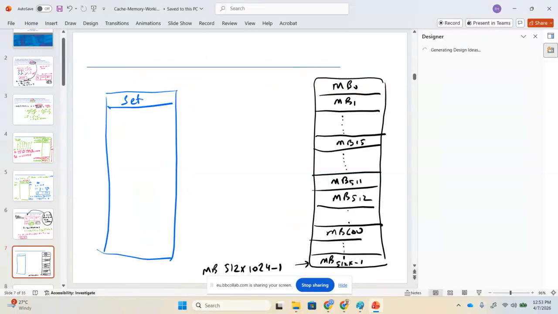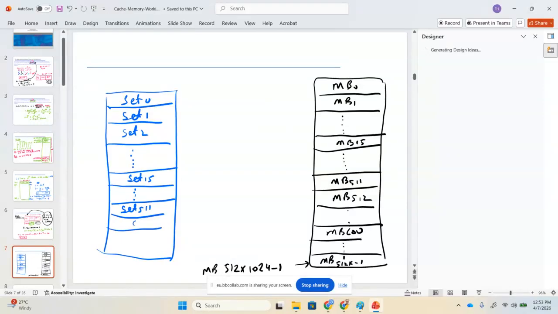We have set 0, set 1, set 2, and so on, then set 15, and so on, then set number 511. We don't have any more sets. These are all the sets here.